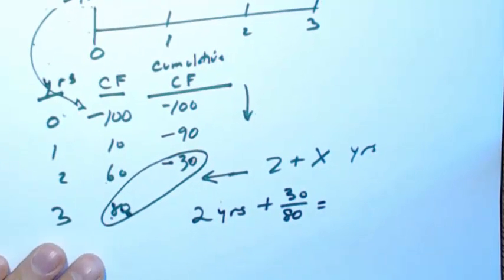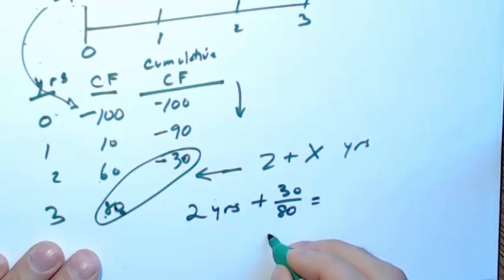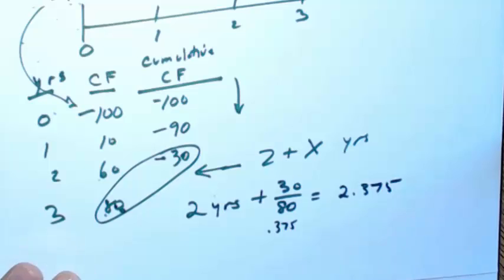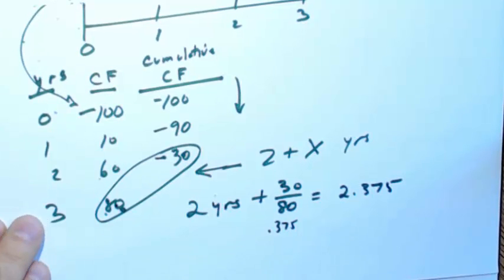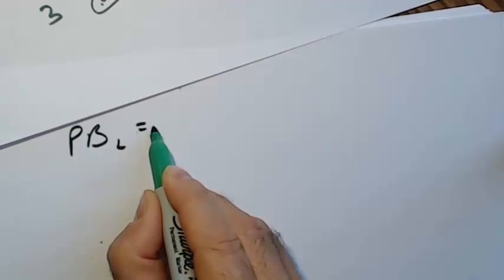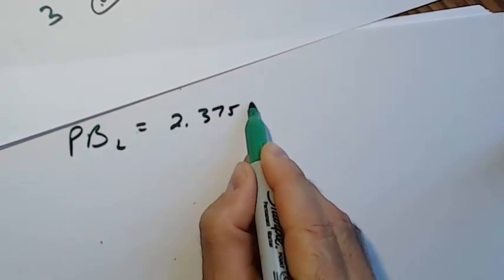And so this will come out to be 0.375. So overall, it's going to take 2.375 years to recover our money on this particular project. So the payback for L is 2.375 years.